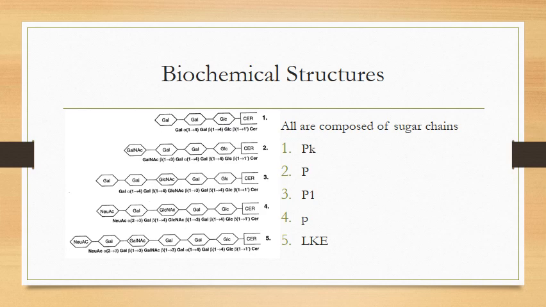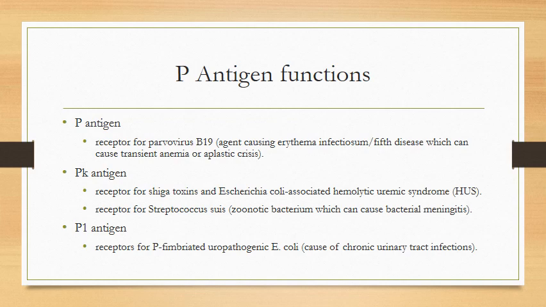The beginning of the sugar chains are the same, and then later on there are variations. Different antigens have different functions. They all reside on the surface of red blood cells.